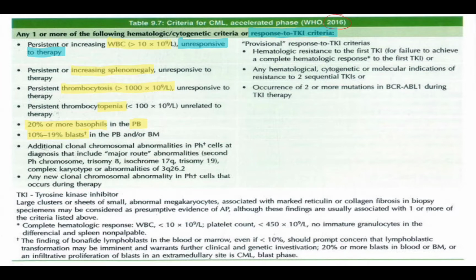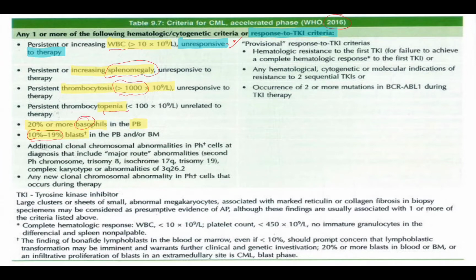So we have to remember one sentence: unresponsive to therapy, which is common for all the criteria, so I am not repeating it. With unresponsiveness to therapy, there is persistent increase of WBC count more than 1 lakh, increase in splenomegaly or spleen size, thrombocytosis more than 10 lakh or thrombocytopenia less than 1 lakh, 20% or more basophils, and 10 to 19% blasts. The basophils are in peripheral blood, while blasts can be either in peripheral blood or bone marrow.